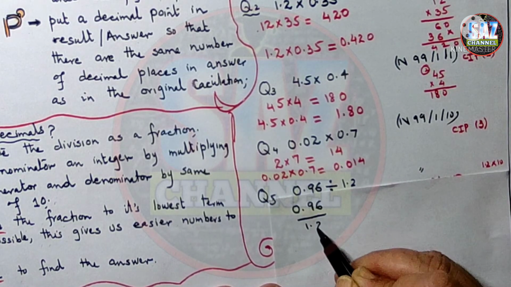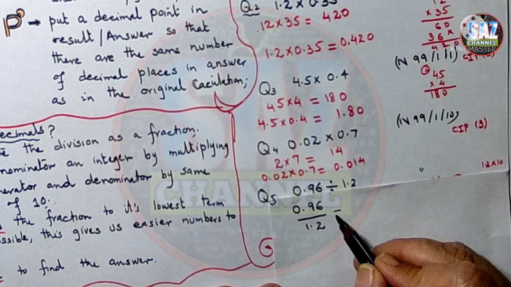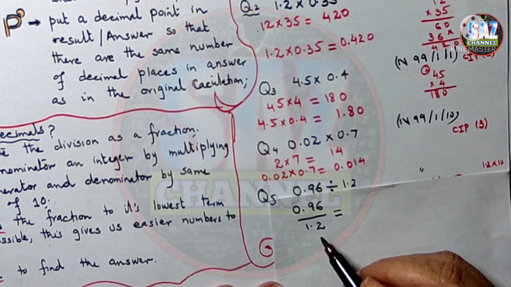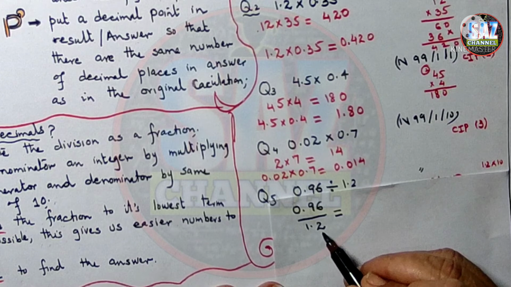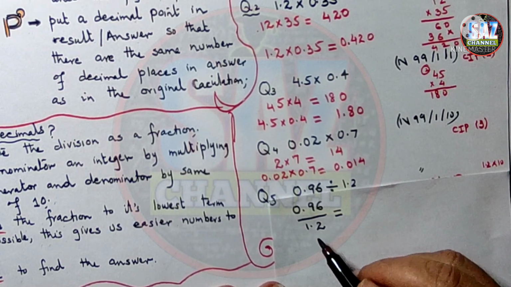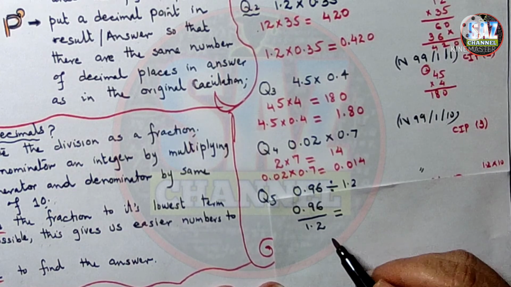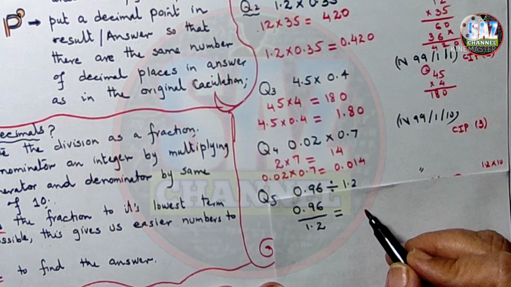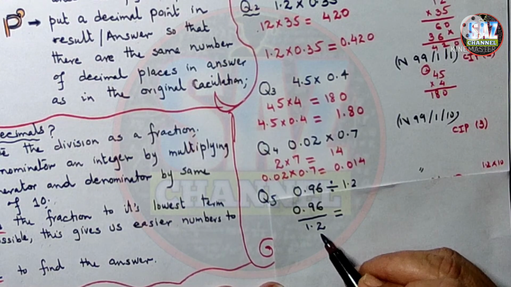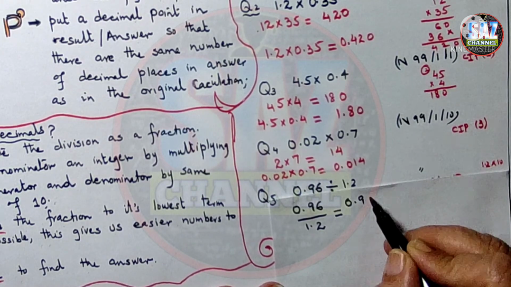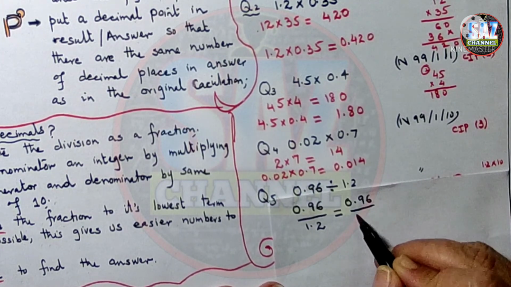And now what was the second step, that we have to make the denominator a whole number by multiplying by the same power of 10, so that it can remove the decimal of the denominator. The decimal is after one digit, so it's easy to multiply and divide the whole fraction by 10, or 10 power 1.